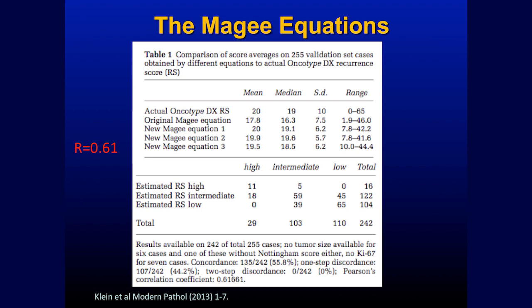Now, this is important in a country like India where we don't have access to these tests. So this is open access. We can plug in the ER, PR, HER2, tumor size, and the Ki67 percentage, and it will churn out 3 various predictions of an Oncotype score. And this was published in Modern Pathology.